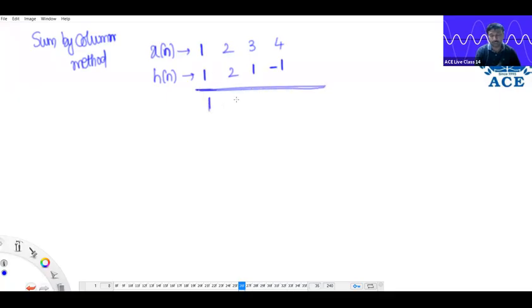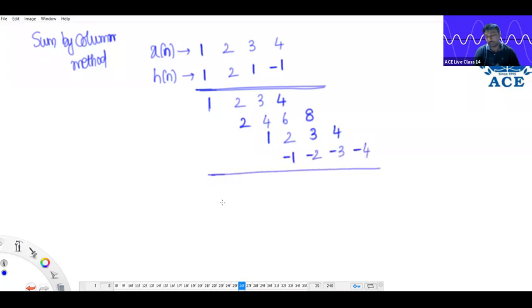First multiply by 1: 1, 2, 3, 4. Multiply by 2, shift the result right by 1 unit: 2, 4, 6, 8. Multiply by 1: 1, 2, 3, 4. Multiply by minus 1. Just add all the columns. Answer is the same.